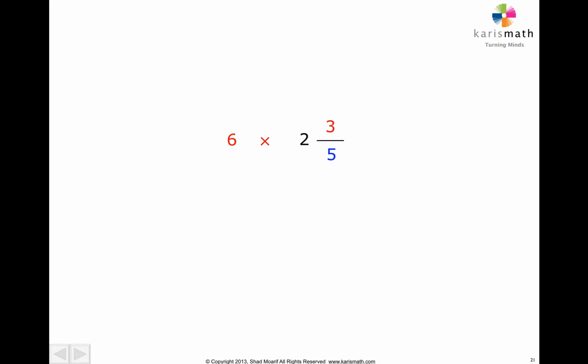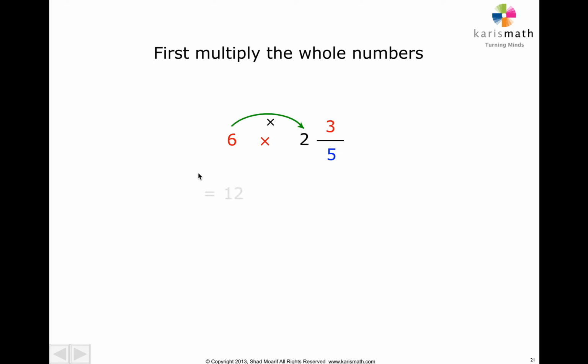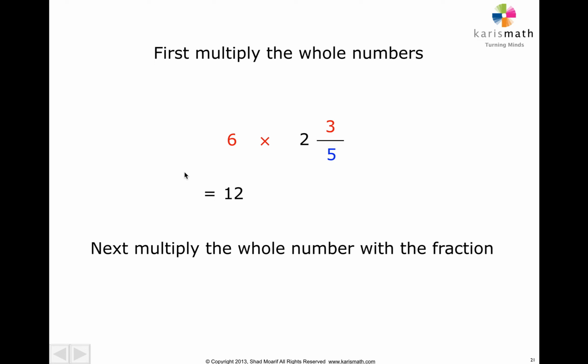The last time showed you how we did 6 times 2 first. So you multiply the whole numbers, 6 times 2, which is 12, and then you multiply the whole number with the fraction, which means 6 times 3/5. There.